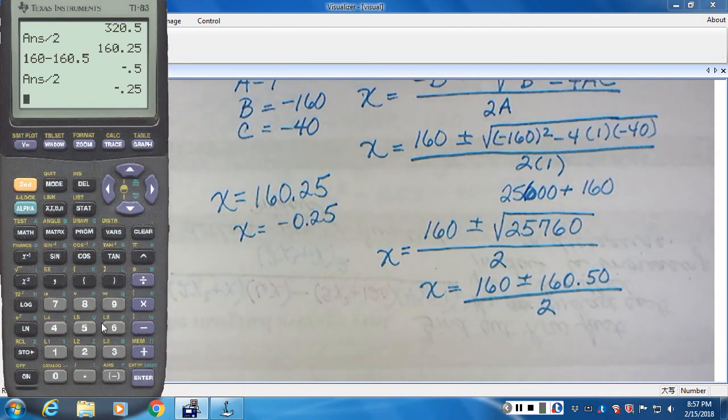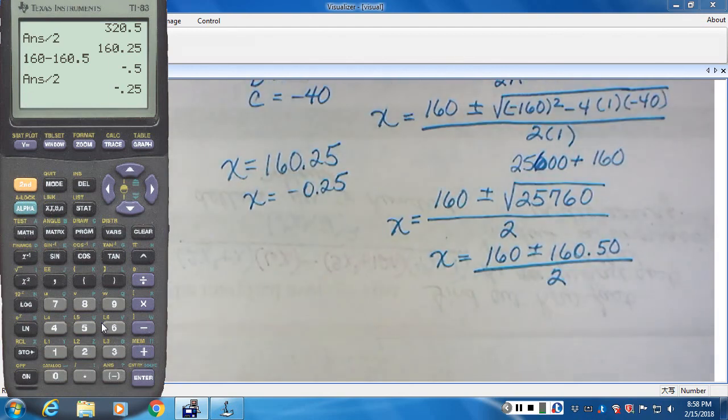Which answer do I go with? It has to be the positive one, right? Because the negative one doesn't make any sense, because X represents the production level.